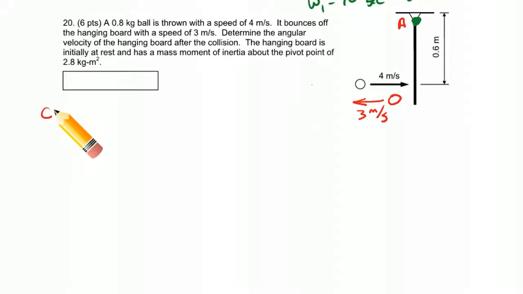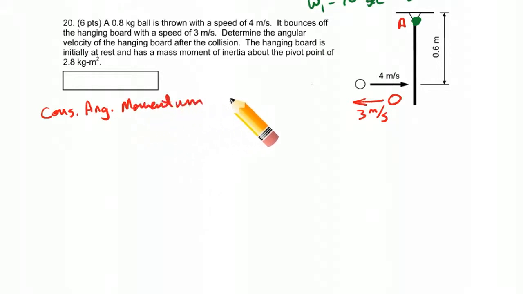So conservation of angular momentum. Okay, so about point A. The angular momentum of the ball is the linear momentum times this perpendicular distance of 0.6 meters.